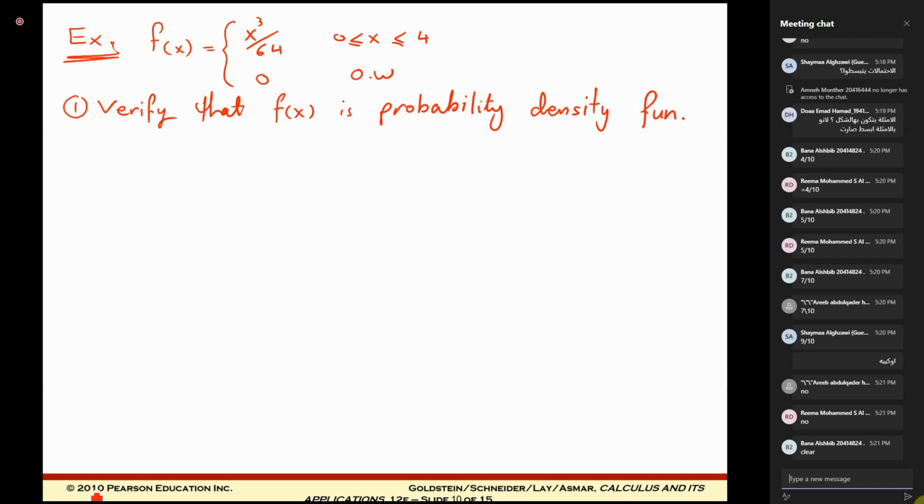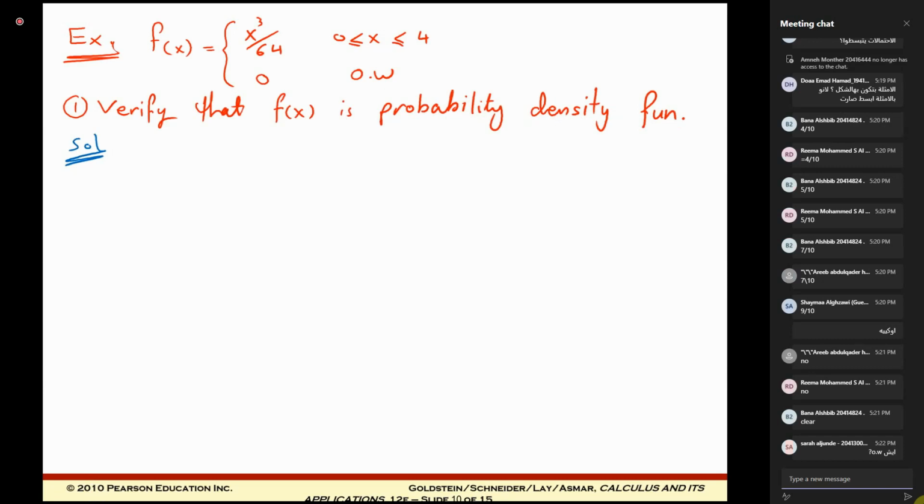After that, find the probability. Now the solution: f of x equals x to the power 3 over 64 on the interval x between 0 and 4. So the numerator is positive, so this is always greater than or equal to 0.